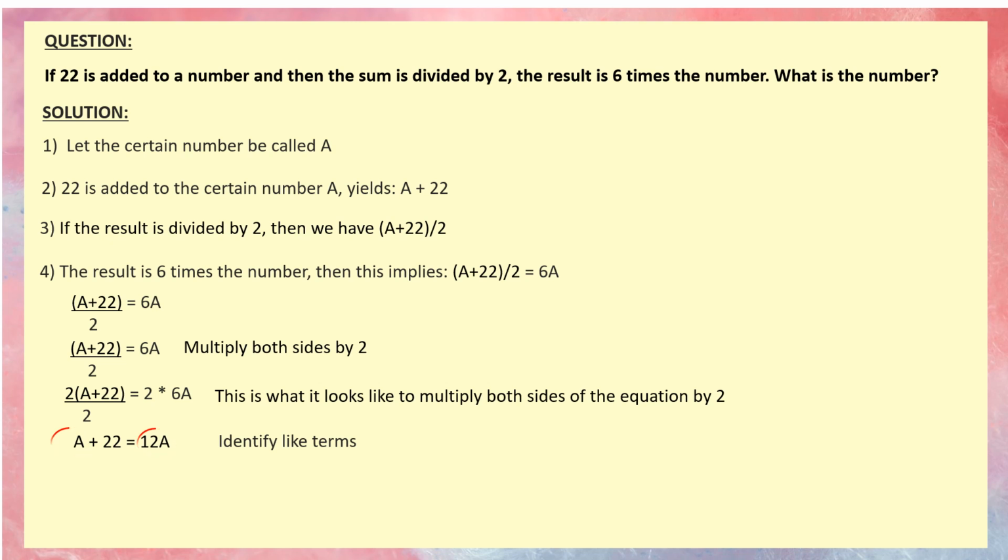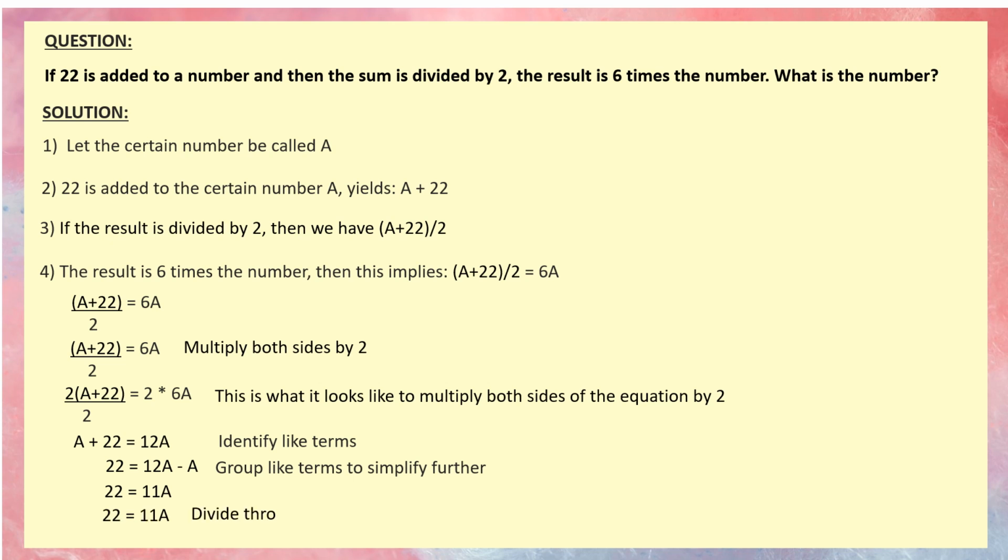So 22 will now be equal to 12A minus A. And if you have 12A minus A, you have 11A, like saying 12 apples minus 1 apple, you have 11 apples. So grouping the like terms lets us simplify further, and we have 22 equals 11A.